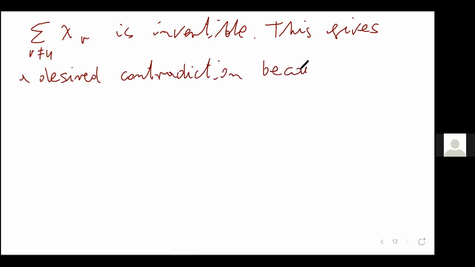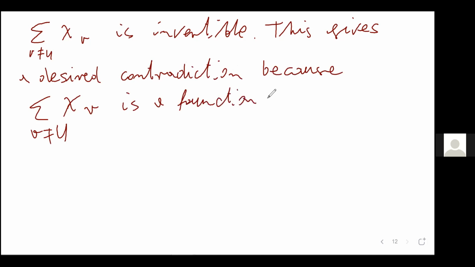because the sum is a function on E0 vanishing at U. And you know that if you have a function algebra, and this commutative subalgebra of the path algebra is a function algebra, as we discussed at length, then the only invertible functions are functions that are nowhere vanishing.